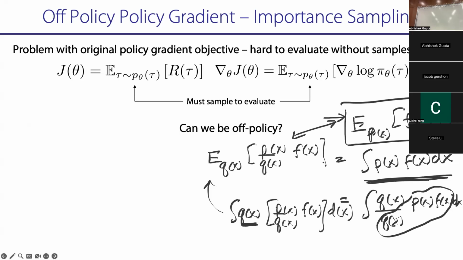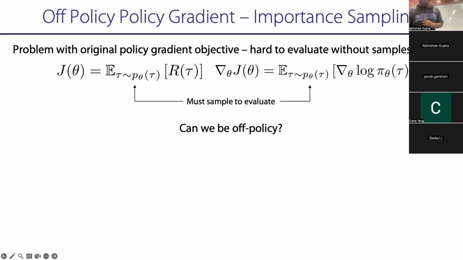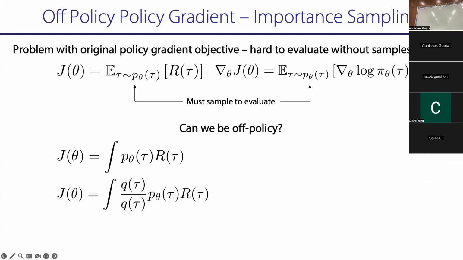So whenever you do importance sampling, these need to have overlapping support, but that's usually, in a continuous space, not so bad. Okay, so you have to be a little bit careful there. So all we did is we said we're going to multiply and divide. We have our expected sum of rewards. We're going to multiply and divide by Q, right?